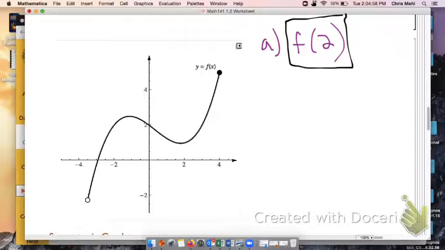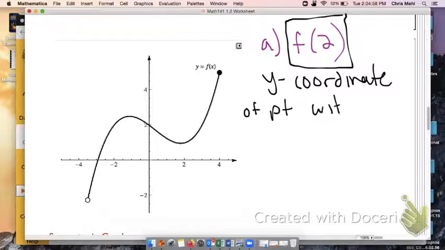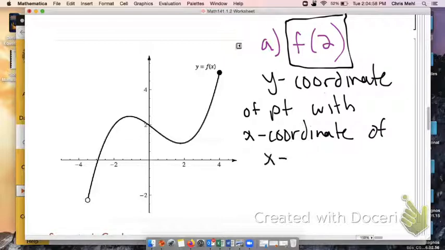What is f of 2? This is the y-coordinate of the point with x-coordinate x equals 2.